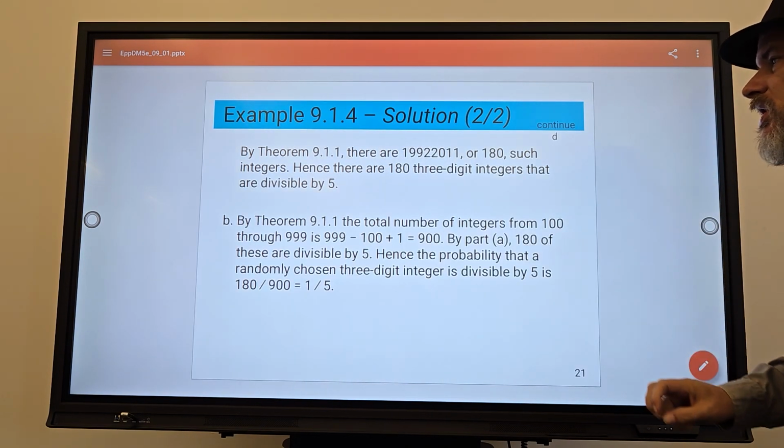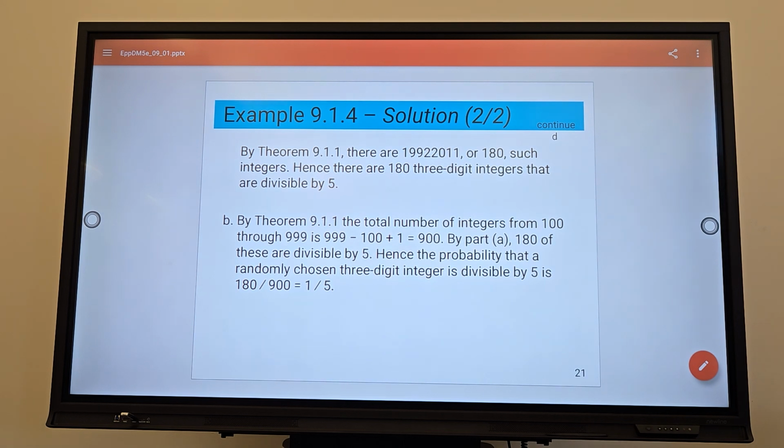So, by Theorem 9.1.1, there are 180 such integers. Hence, there are 180 3-digit integers that are divisible by 5.